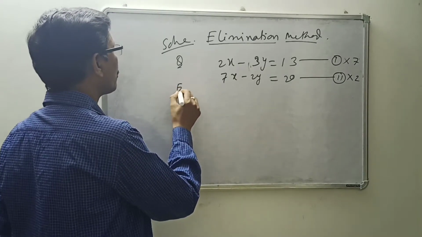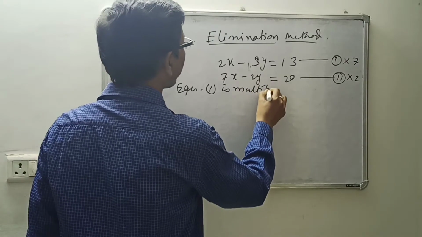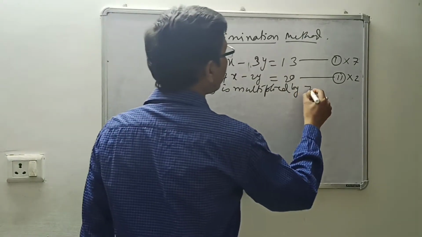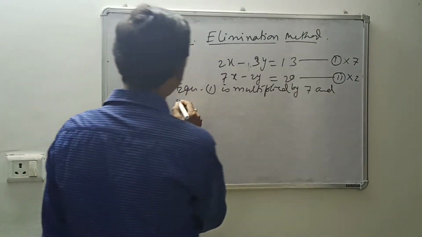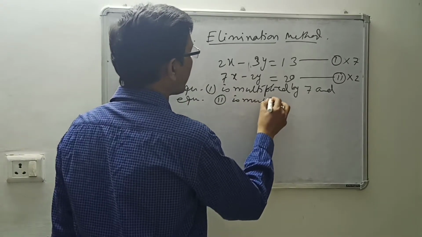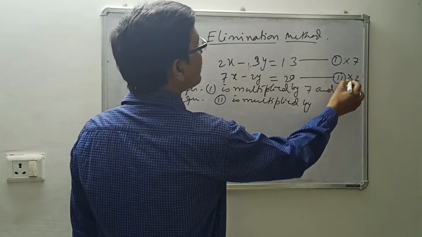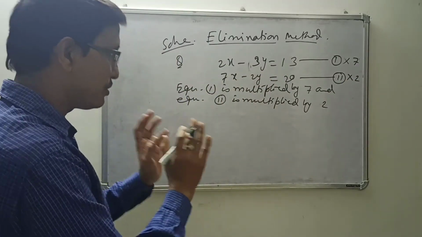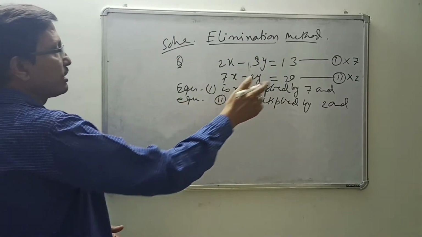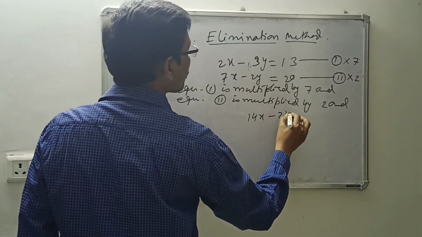So write it like this: equation 1 is multiplied by 7, the coefficient of the second, and equation 2 is multiplied by 2, the coefficient of the first.